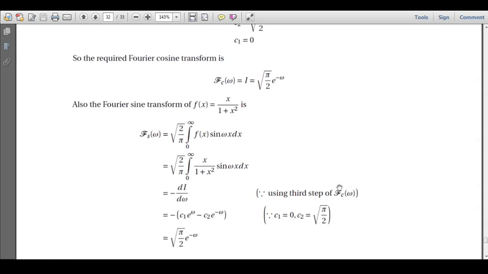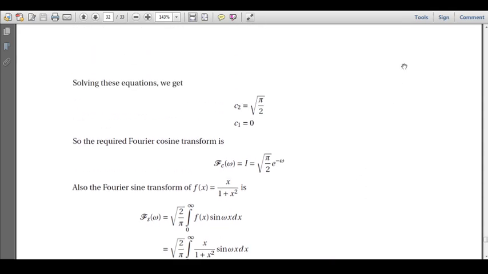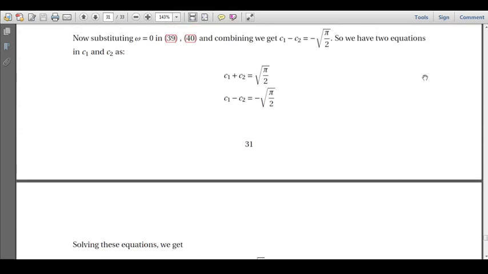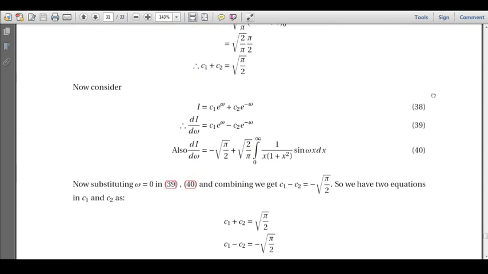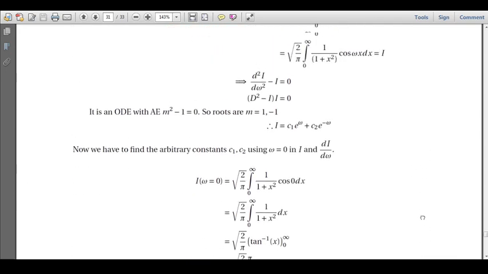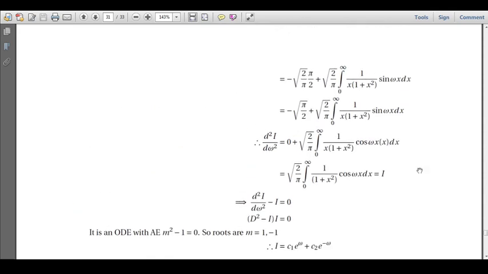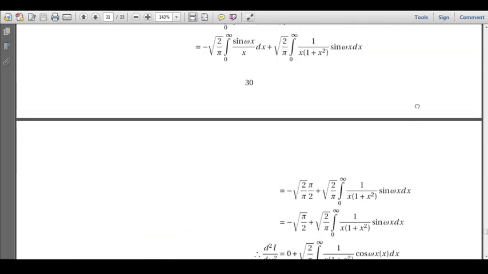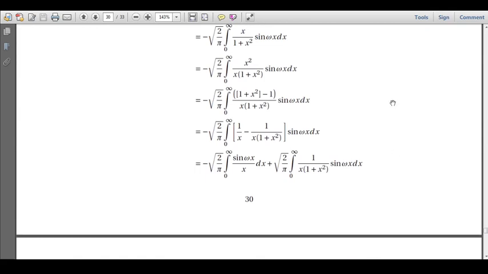From the previous step in the Fourier cosine transform definition, this integral can be written as minus di by d omega. I will show you that step.